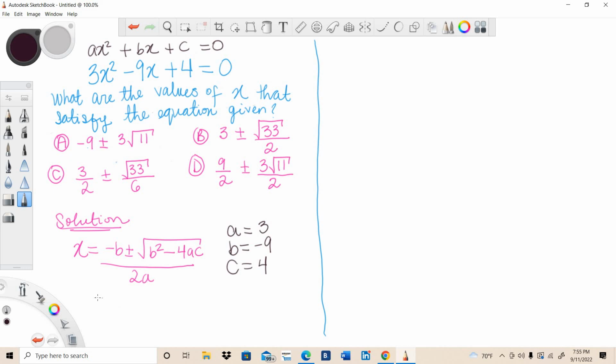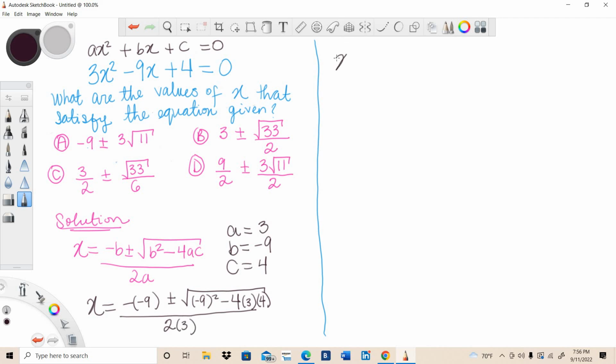So you have x equals, well, we have our b to be negative 9, so that's going to be negative negative 9 plus or minus the square root of b squared, so that would be negative 9 squared minus 4 times a, which is positive 3, times c, which is positive 4, right? And then all of that information divided by 2a, that's 2 times a, which is 3, so 2 times 3.